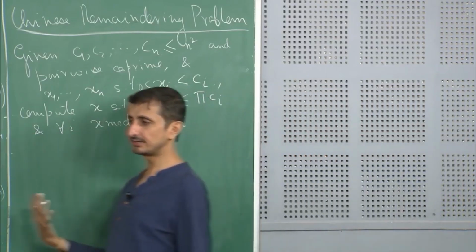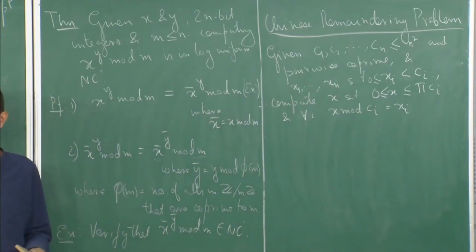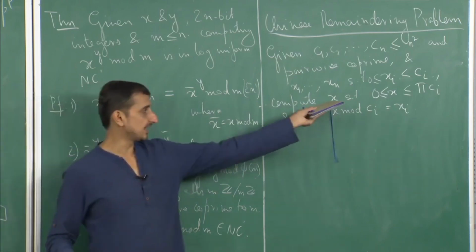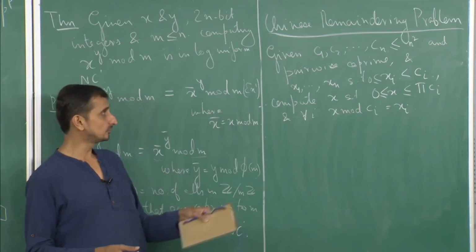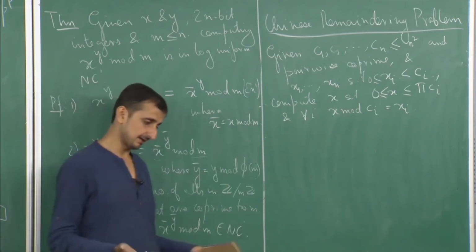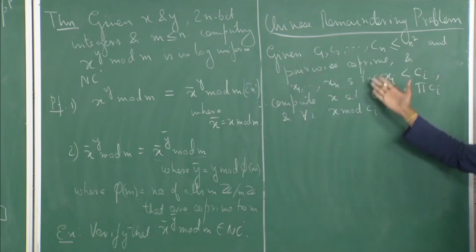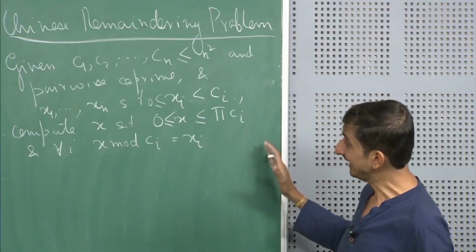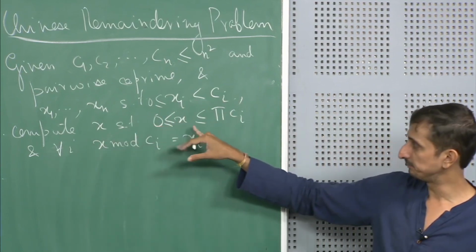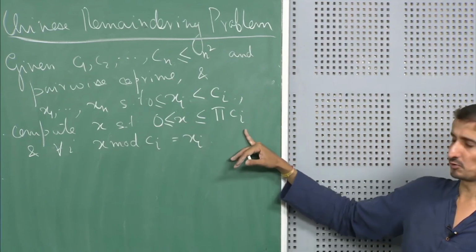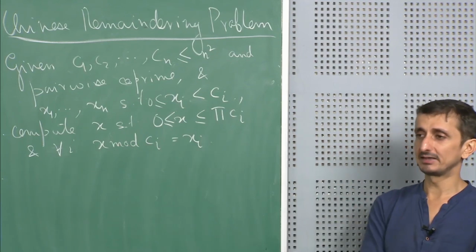So what is the first question when one sees a problem like this? Why should such an x even exist? This brings us to the Chinese remainder theorem. Again a theorem by the same name, which says that if you are given these ci's and these xi's which satisfy this property, then there exists an x which is less than this product, and that is the only x such that x mod ci is equal to xi.